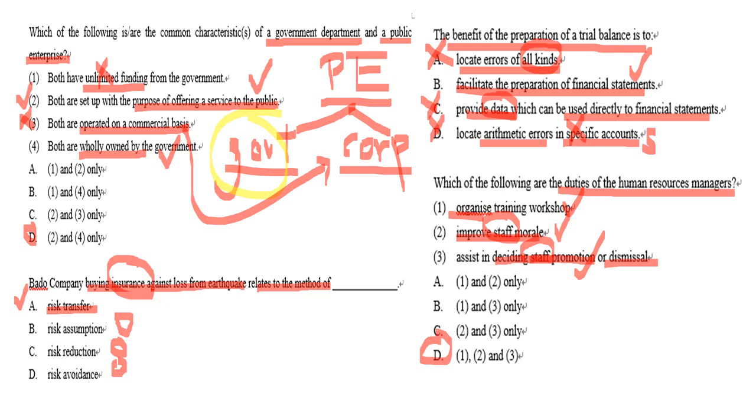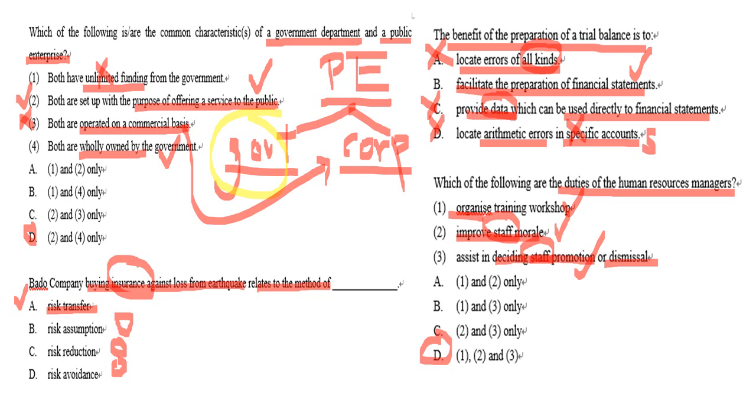Public enterprises, which are solely owned by the government, are divided into 2 categories: one is government department, and the second is public corporation. Government departments are run by the government and totally financed by the government. All the losses are borne by the taxpayers.